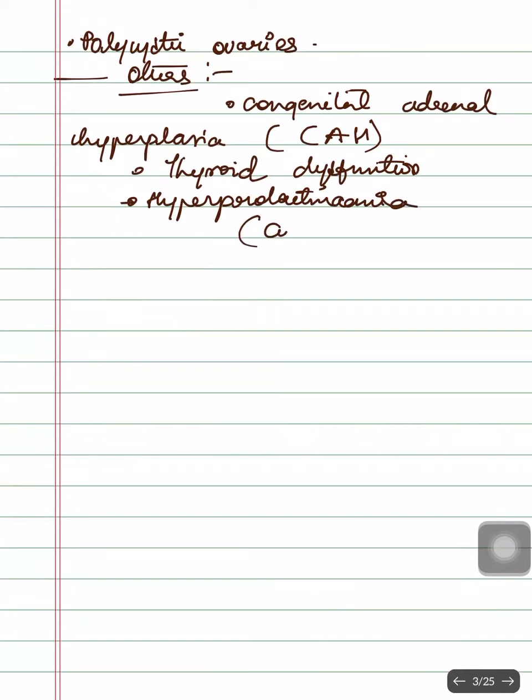So these are the diagnostic factors which you have to consider. The incidence of this PCOS varies between 0.5 to 4%, and it is more common amongst infertile women.